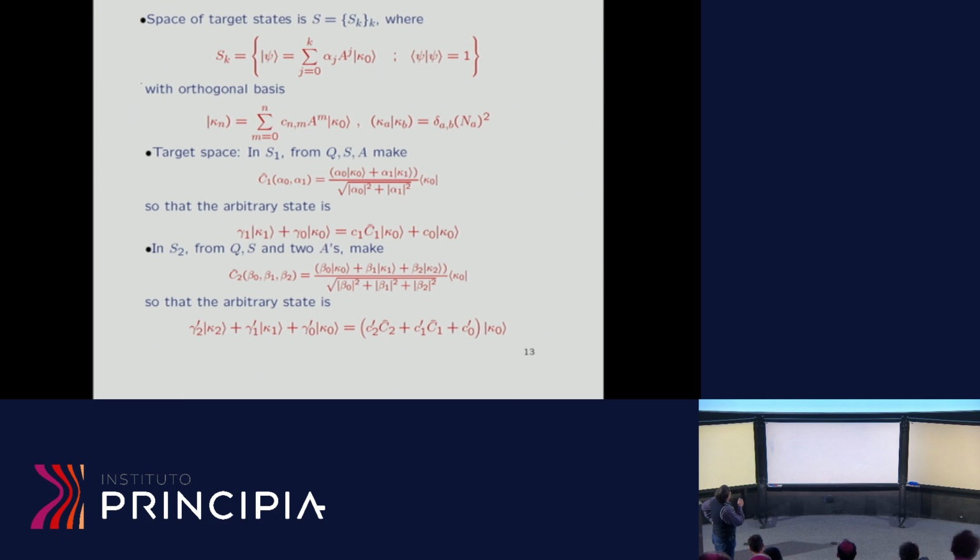So the space Sk is when I act up to k times with operator A. And then for this subset of states, we can find orthogonal bases where we act with a number m of unitary operators A.